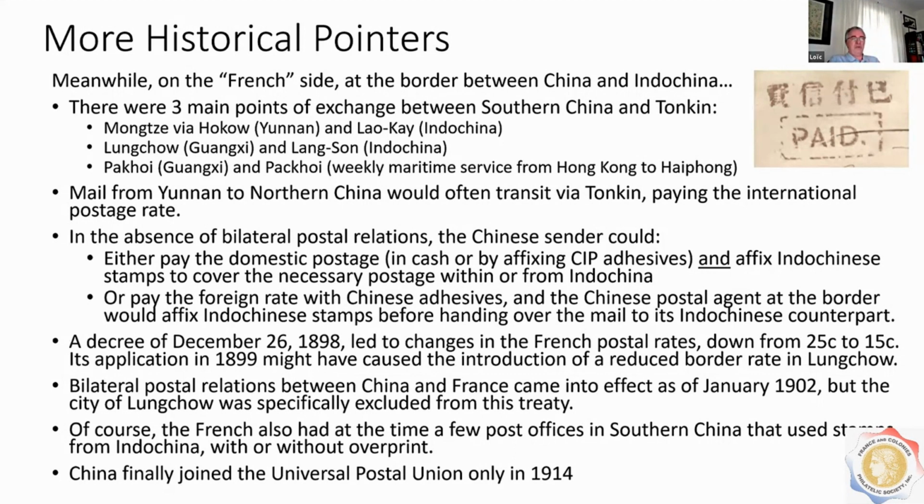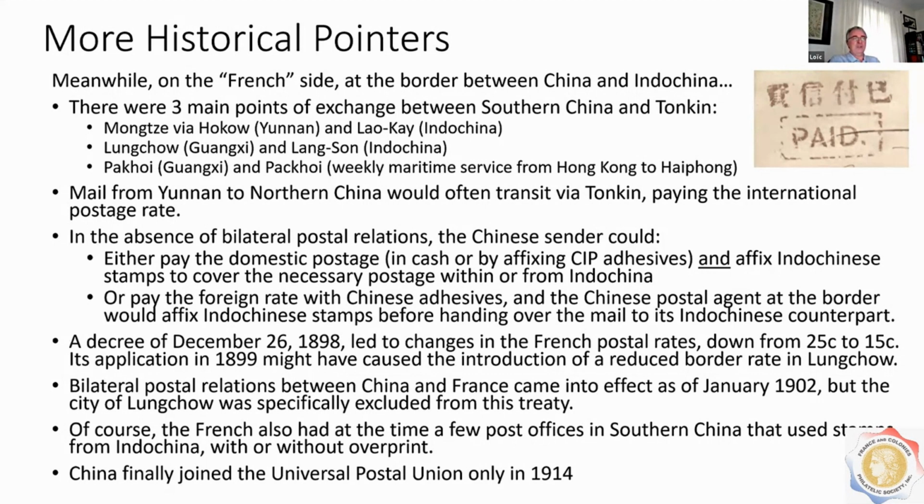And let's also remember that at the time there were not any kind of postal relations between China and France. There was no bilateral relations. China was not a member of the UPU yet. So the sender had two ways of franking their mail.